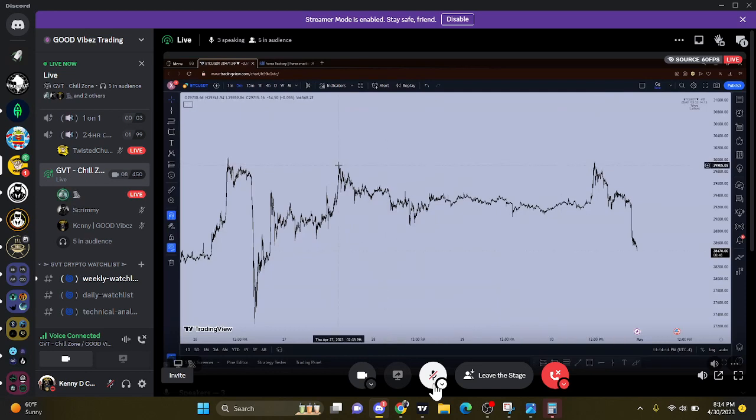They sell where people are trying to buy. The bank bought here where you're trying to sell, and the bank sold here where you're trying to buy, with your stop loss.